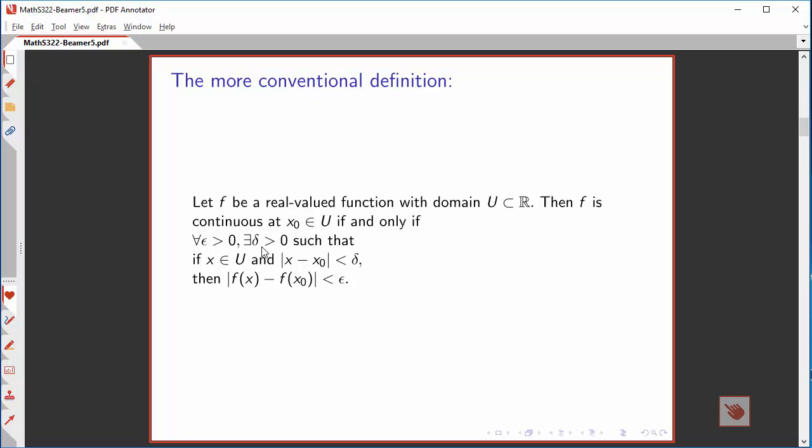I respond with a positive number delta, and I win if for any x in the domain that is within delta of x naught, the function value at that x is within epsilon of f of x naught. This definition is equivalent to the no bad sequence definition. That's something we're going to have to prove, of course.